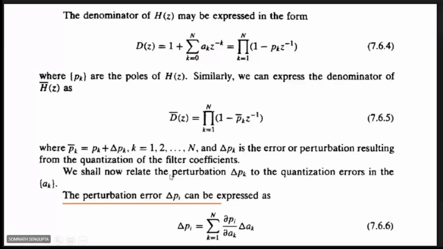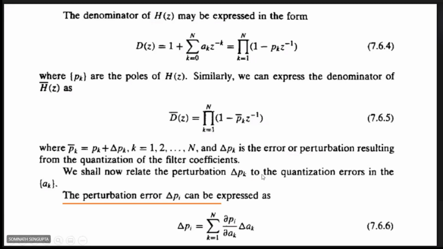Now we shall relate the perturbation delta pk to the quantization error in the ak. So what is the relation between the change of filter coefficients and the change in the poles of the system?